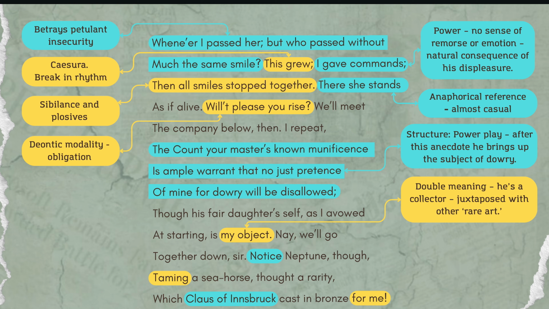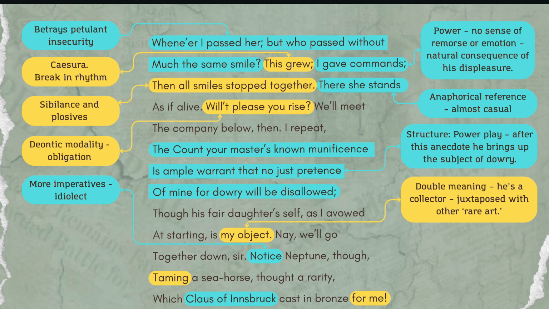And it's juxtaposed very closely with this rare art, this Neptune taming a seahorse. So in his mind, is he connecting wives with objects, possessions, art, beautiful things to have around him? So we've got my object, nay will go down together, sir. Then another imperative, notice.